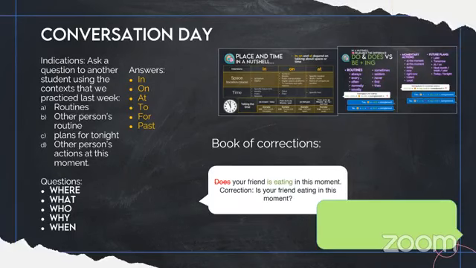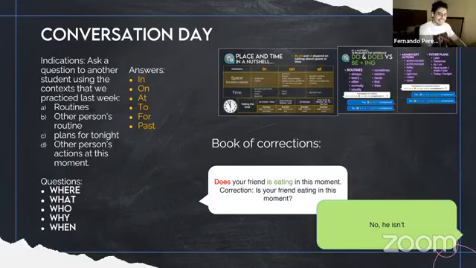No, he isn't. Eating in this moment. Excellent. Very good. Of course, it's complete, no? He isn't. It's like kindergarten English, you know? Complete. Yes.